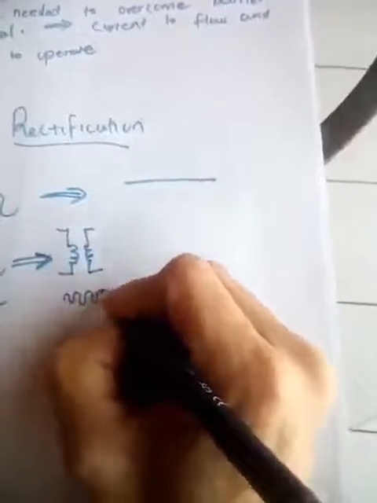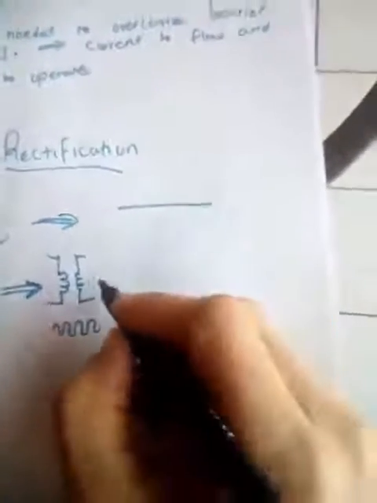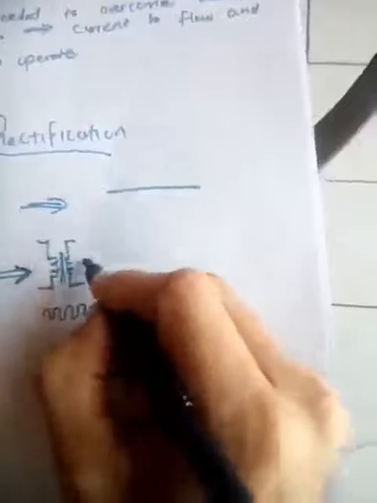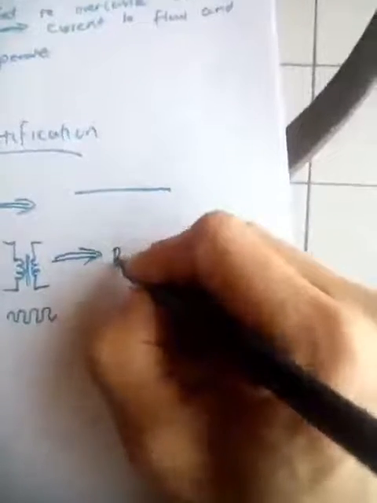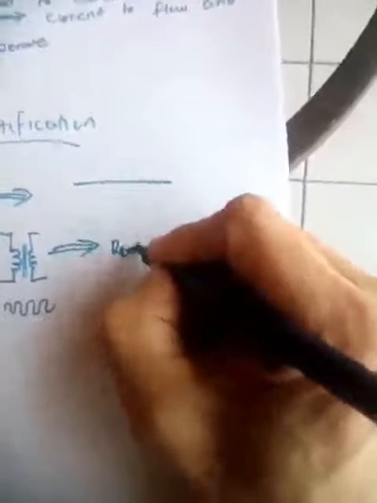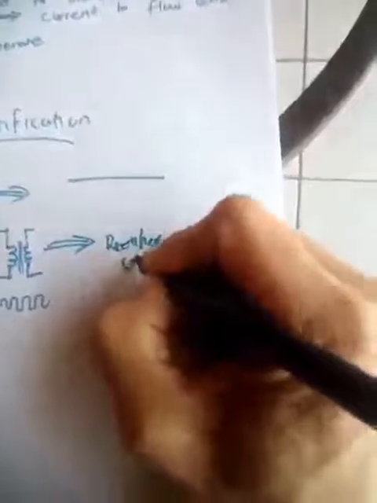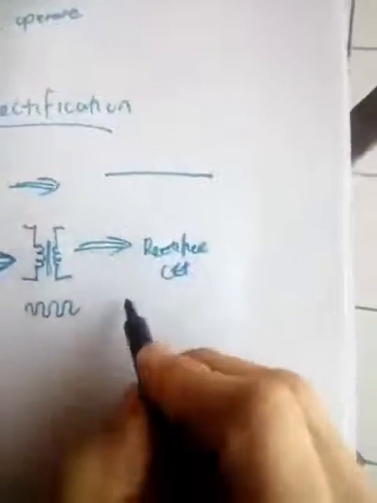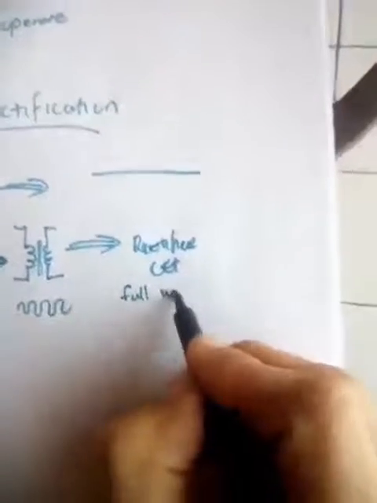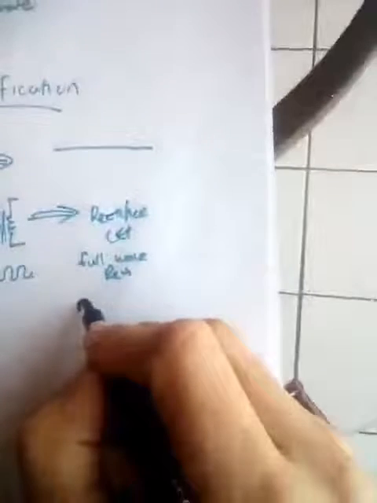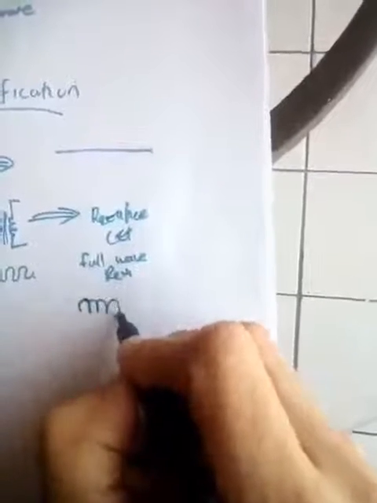It will step it down, and then after the step down is taking place, you have your rectifier circuit. Now what we will be looking at now, the rectifier circuit will be basically a full wave rectifier. And what does it do? It changes that wave into something like this.